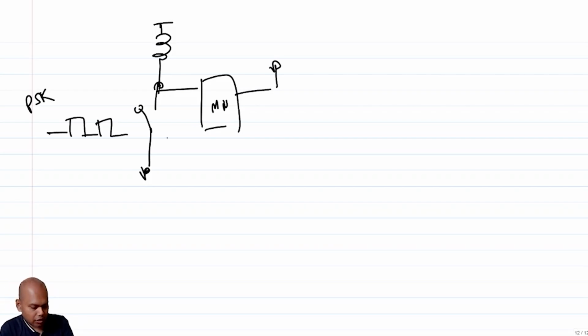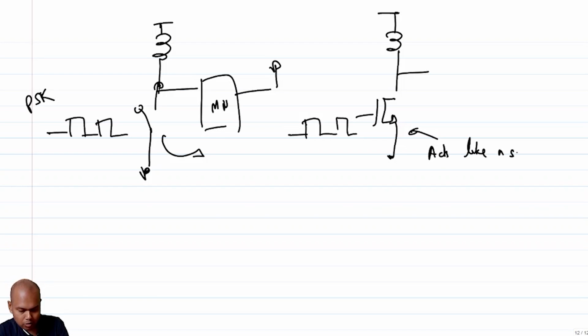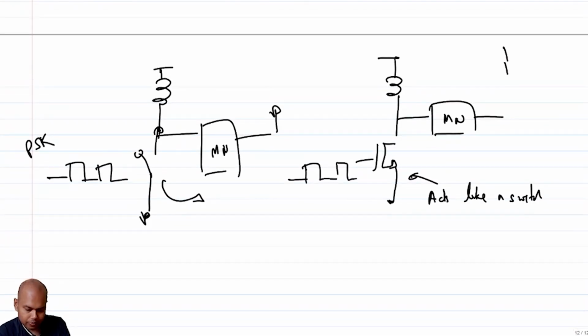This can be your NMOS transistor, but now the NMOS transistor acts as a switch. And again you have this matching network and an antenna.